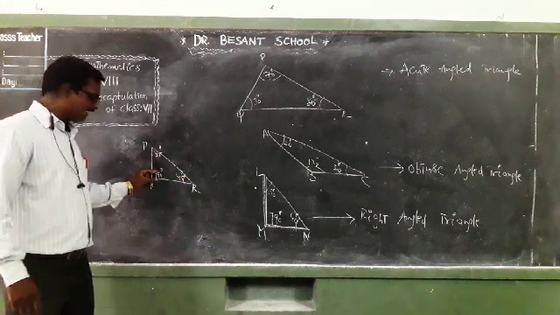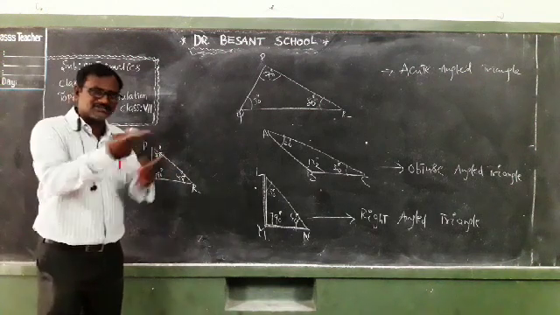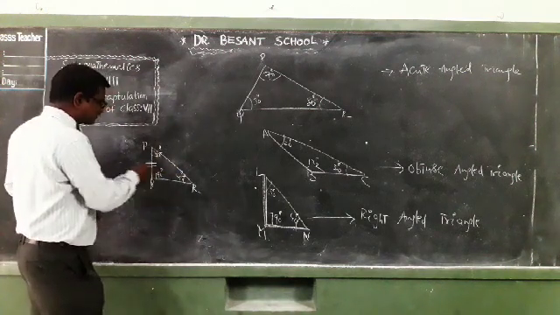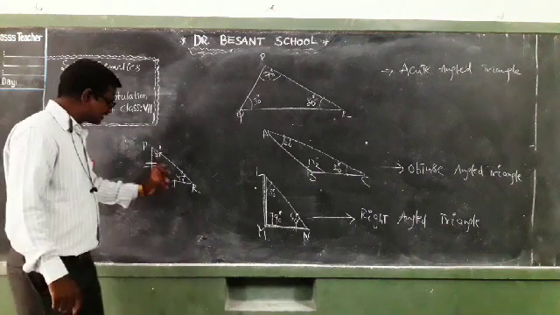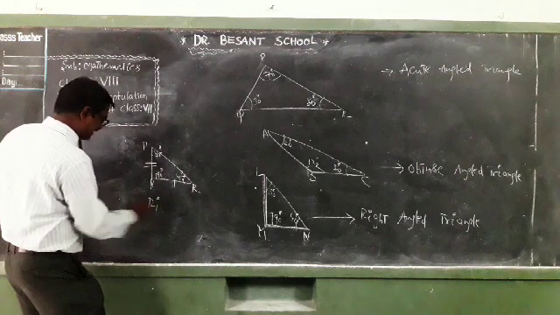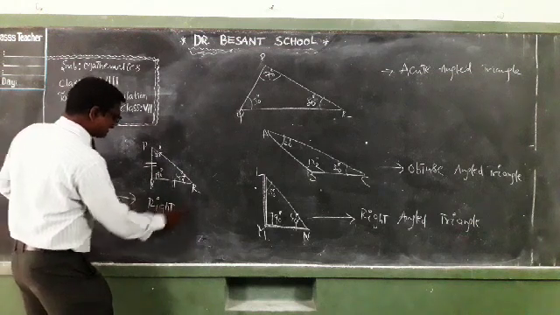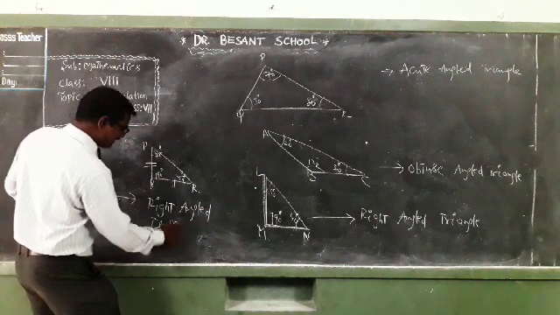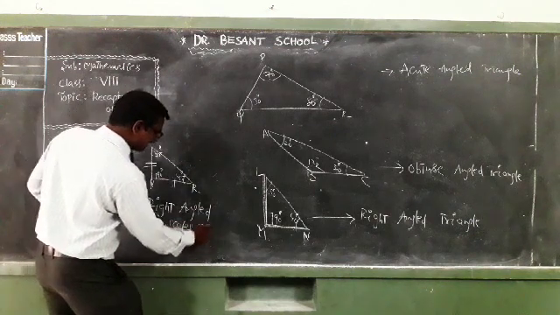In a triangle, when one angle is 90, the other two angles must be equal, each one 45. Whenever these two angles are equal, the opposite sides must also be equal. So this type of triangle is said to be specifically a right angled isosceles triangle.